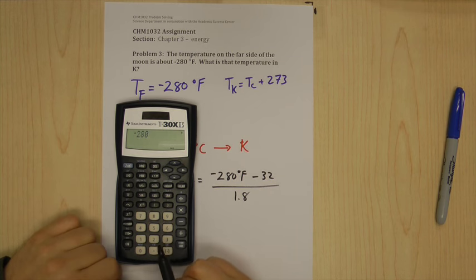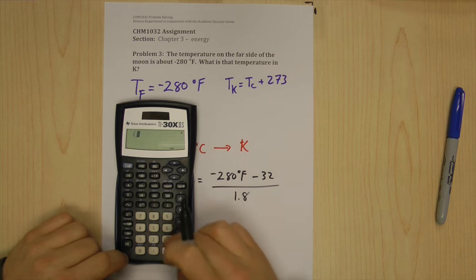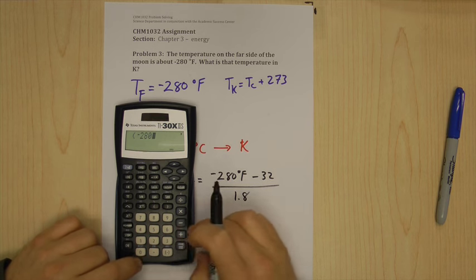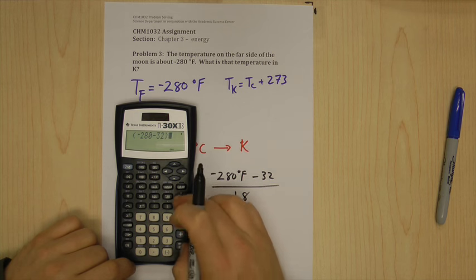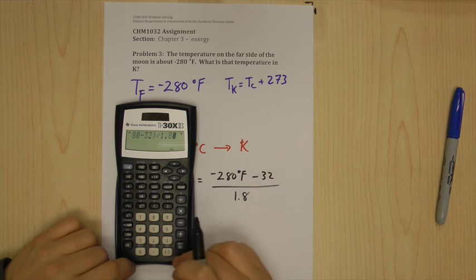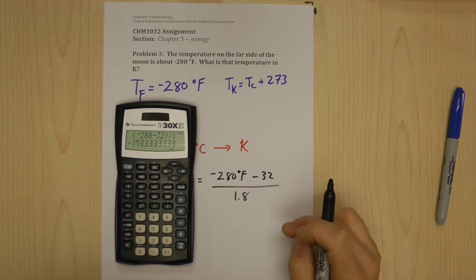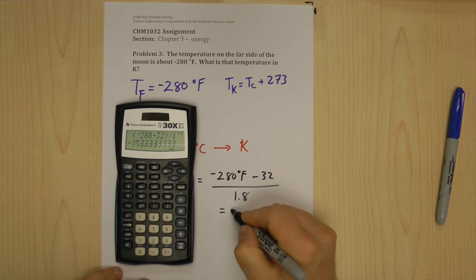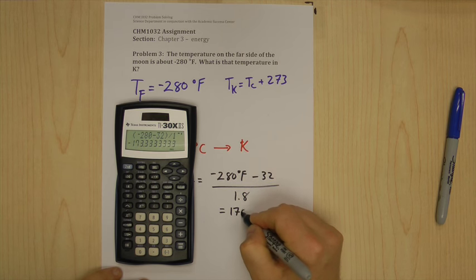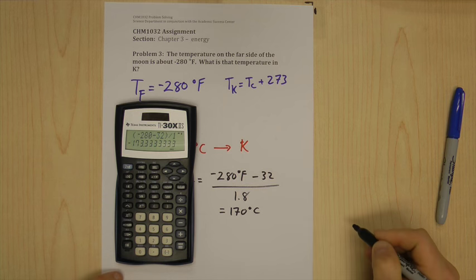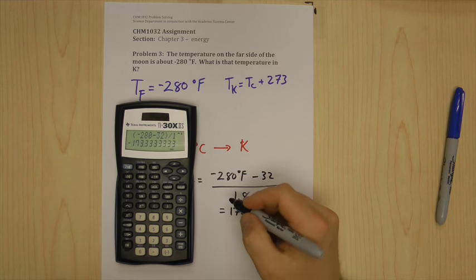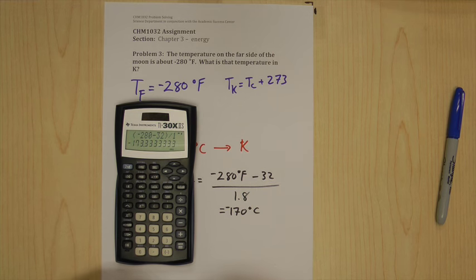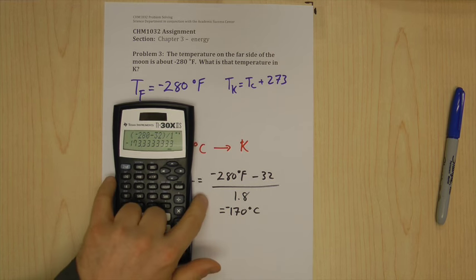Negative 280 minus 32, all divided by 1.8. All right, so now we know it's going to be 170 degrees Celsius. 2 sig figs are my answer. And that would be negative 170 degrees Celsius.